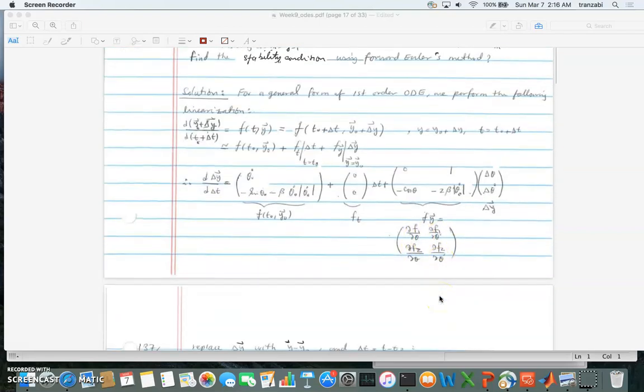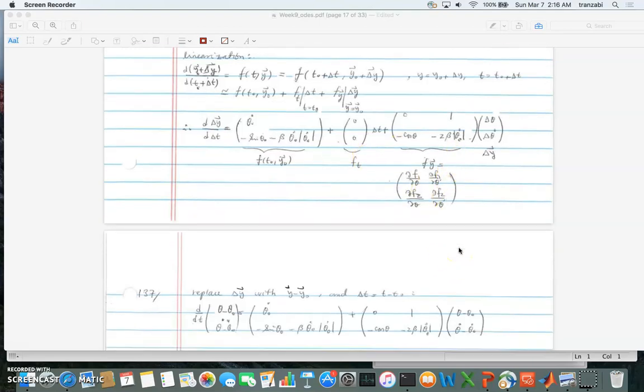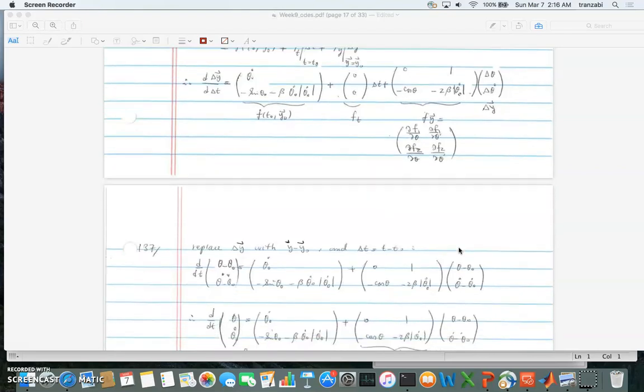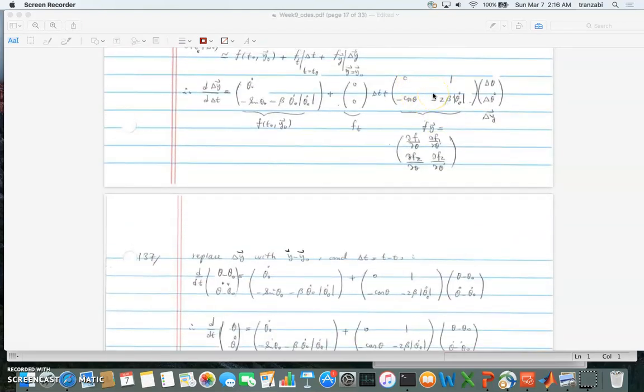All right, so we're going to see if forward Euler is stable when we use it to solve these differential equations numerically. All we need to do now is find the eigenvalues of this matrix and check them against the stability condition for forward Euler.